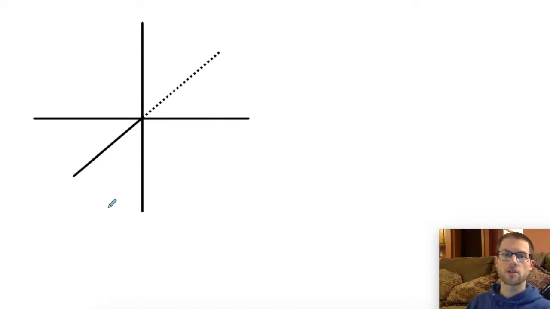So this is our x axis, this is our y axis, and this is our z axis. And so drawing vectors, really you think of drawing a cube.